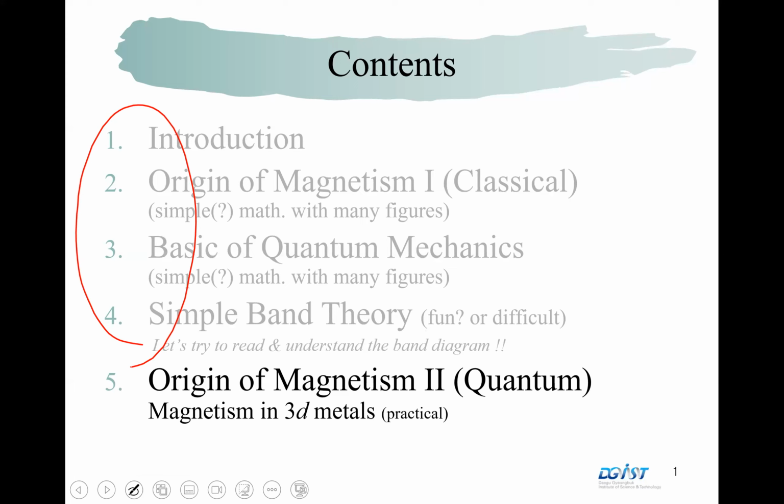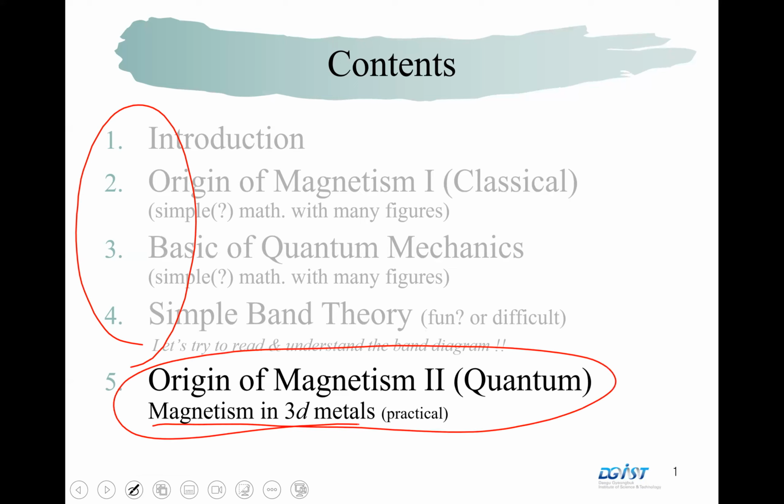The main goal of this subsection is to understand today's topic, the origin of magnetism. When I talked about the origin of magnetism in a classical way, I said there is some interaction existing between localized moments. I said we don't know why, but let's assume somehow there is some interaction. And today we're going to learn what the physical source of this interaction is.